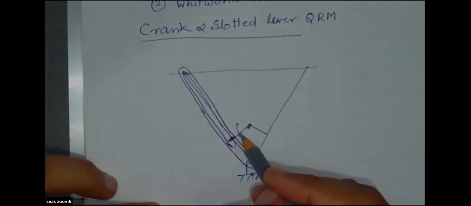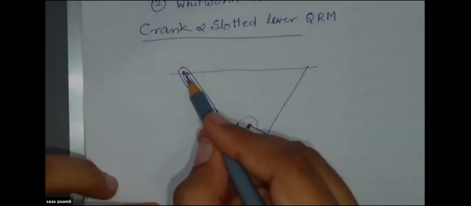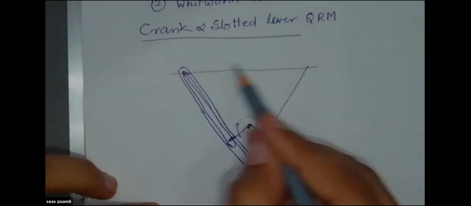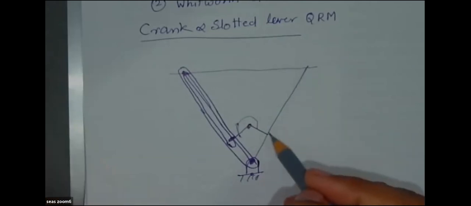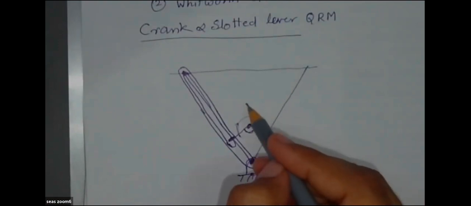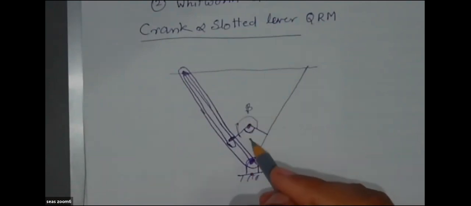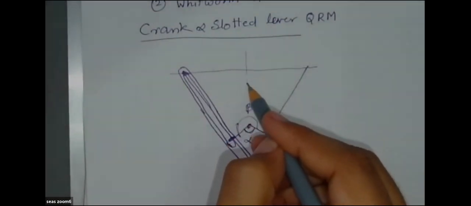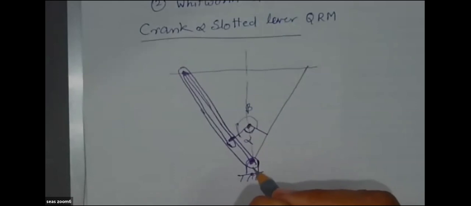If the crank turns through this much angle, this slotted lever comes from here to here, and then when it goes back through this angle, let's say this angle is beta and this angle is alpha. I will just share a video of how this mechanism works.